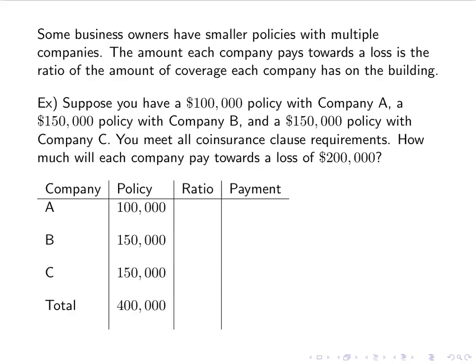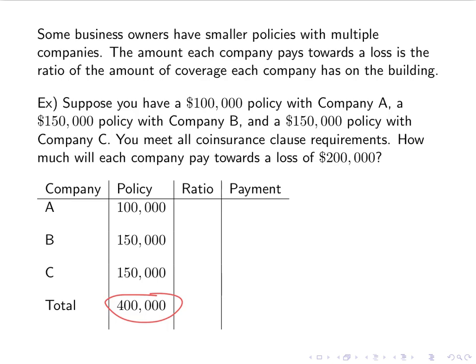So to make this as easy as possible, I'm going to make a table. My first column are my companies, A, B, and C, and then the total. And then each person's policy amount, and the total. So I add them all together, I should get $400,000. To find the ratio, it's just the ratio of company A to total, ratio of company B to total, C to total, and so forth.